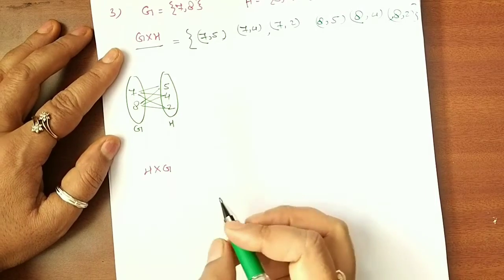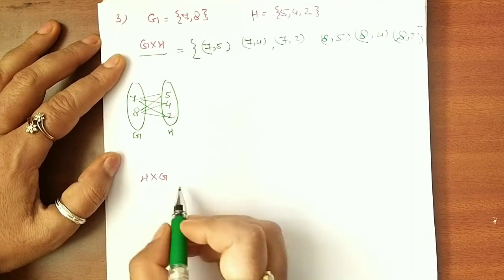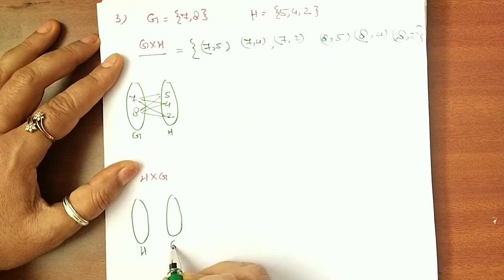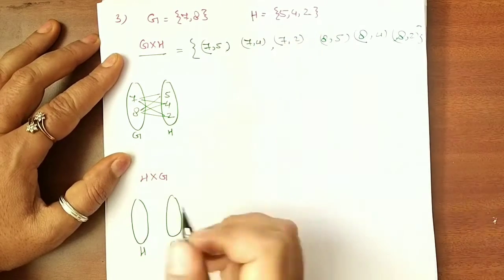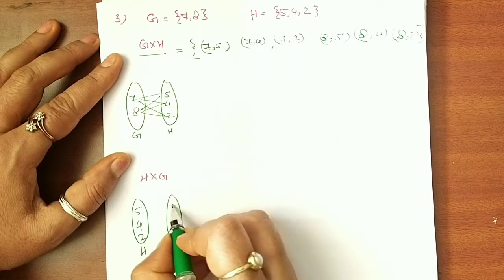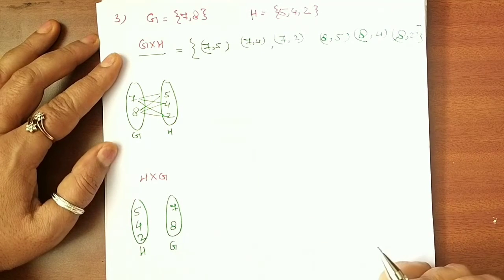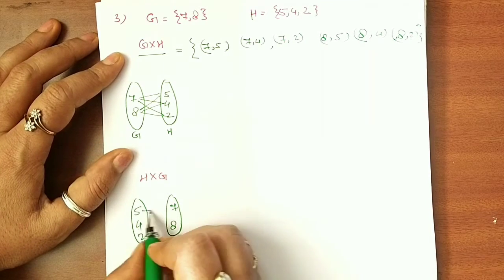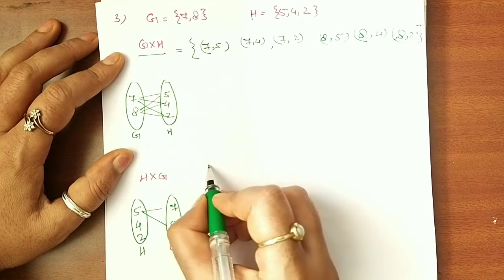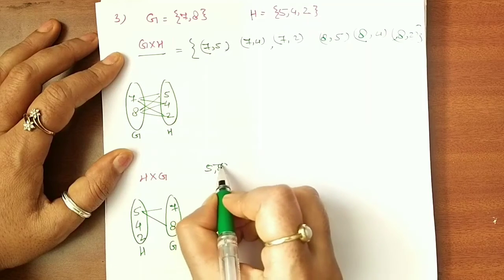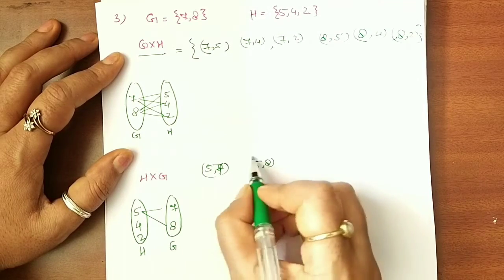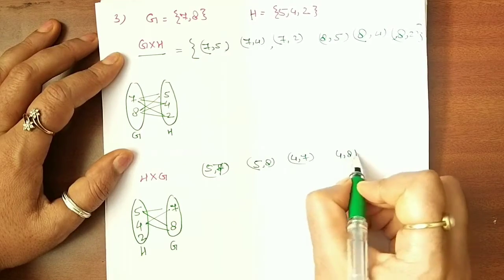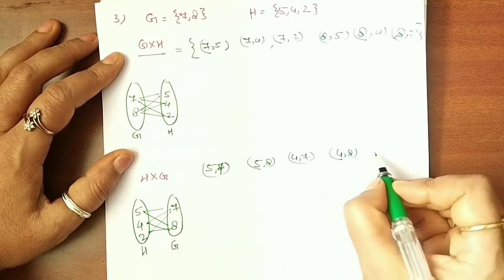Now we have H cross G. The same question they're asking, H cross G. So we will have H and G. H we will take first, which is 5, 4 and 2, then 7 and 8. So we will have 5 with 7, 5 with 8, 4 with 7, 4 with 8, 2 with 7, 2 with 8.